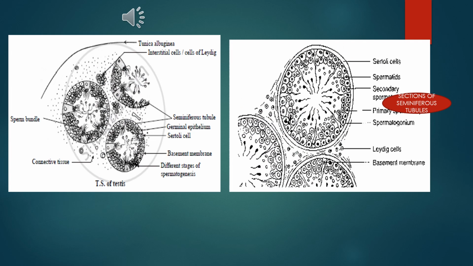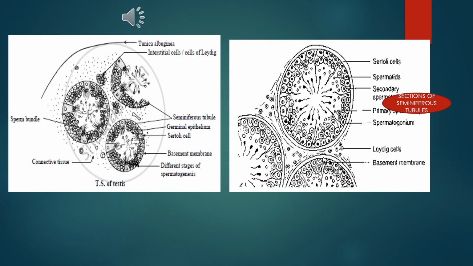So in a nutshell, how to draw this is: first the tunica albuginea, then we draw the cut section of the seminiferous tubule. In between the seminiferous tubules, there will be connective tissue, showing the blood vessels and the interstitial cells of Leydig, which occur as clusters.